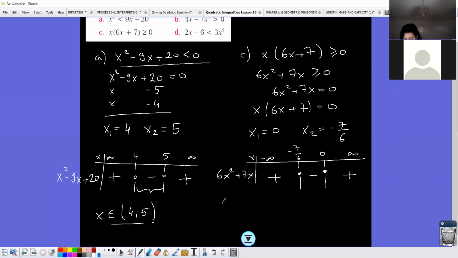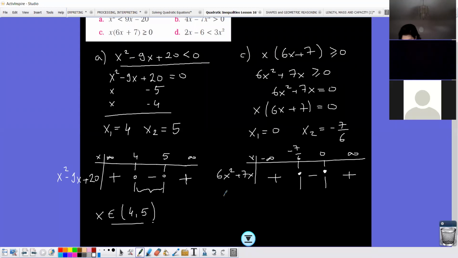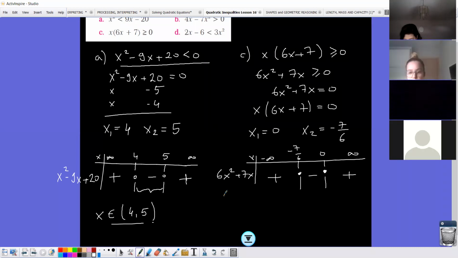When the dots are filled, it means that they are greater than or equal to. Okay, so what will our solution be?